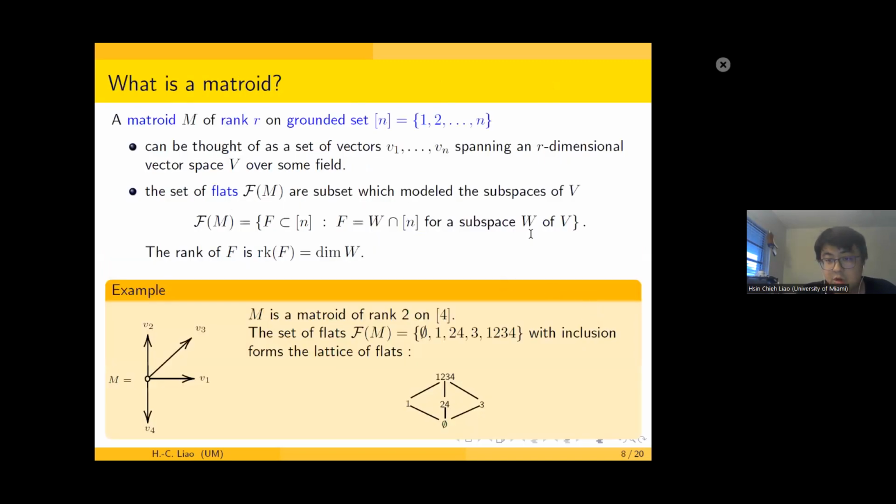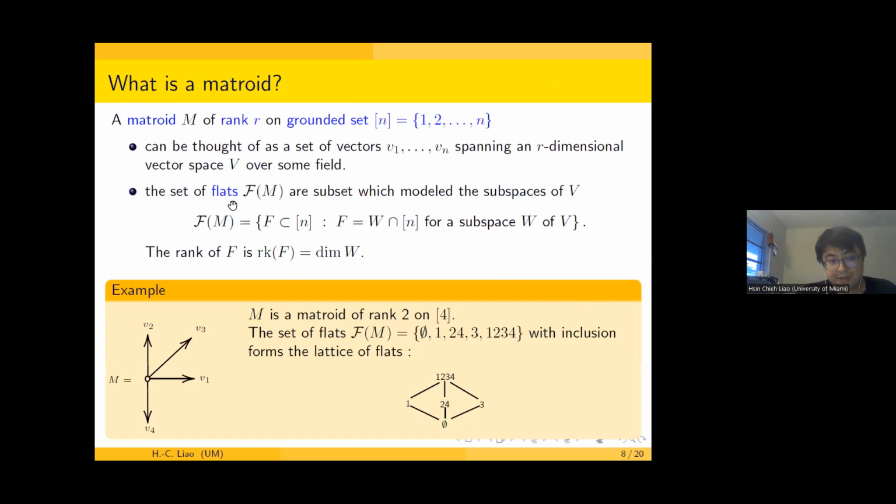So before talking about the Chow ring, we need to know what a matroid is. A matroid M of rank r on some ground set 1 to n can be thought of as just a set of vectors v1 to vn that span an r-dimensional vector space over some field.